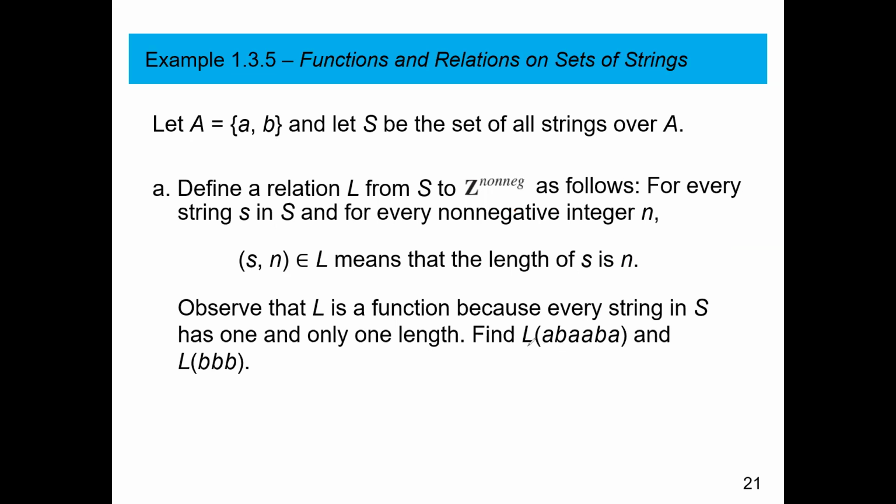So notice here, what is the length of this string? Well, it has length 6, so this is equal to 6, and this one is equal to 3. Because the question is, what is the length of it? Remember, length is how many characters are in it, and that is the critical idea.